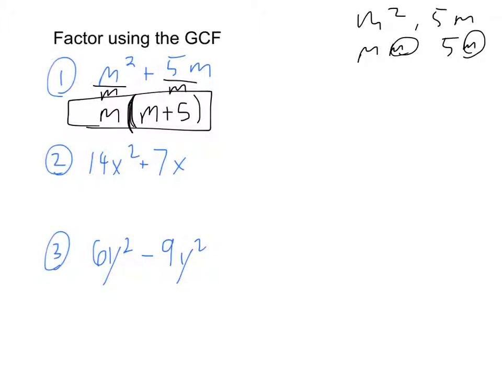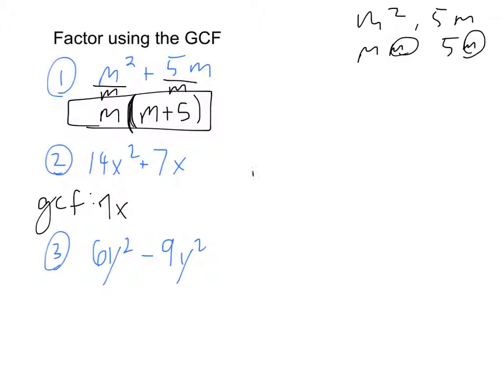Let's try another one. Let's do some more examples. 14x squared plus 7x. Factor using the GCF. We're going to divide out a common term. Well, what is the GCF? Let's find this common term. Numerically speaking, 14 and 7: 7. X squared and x: x.